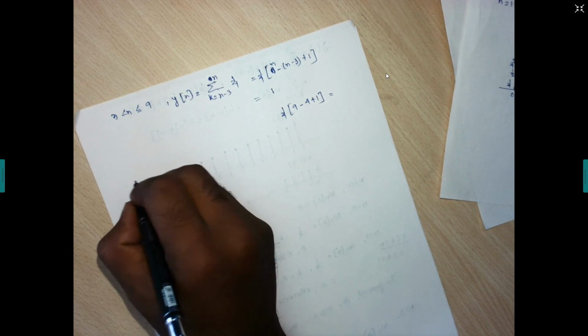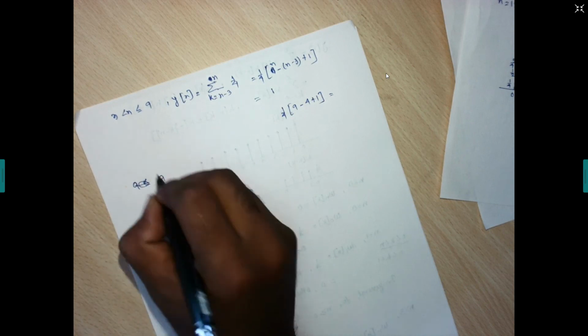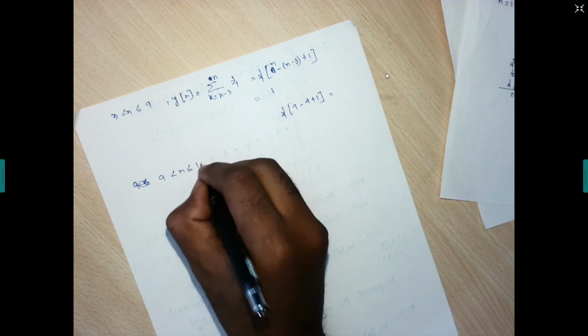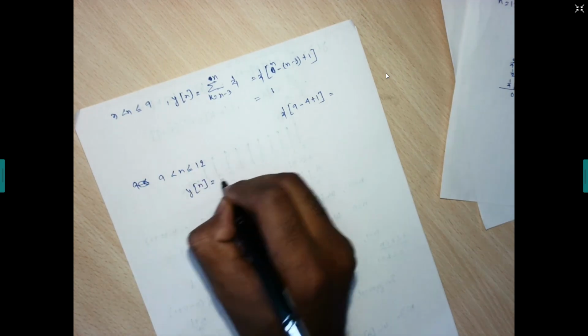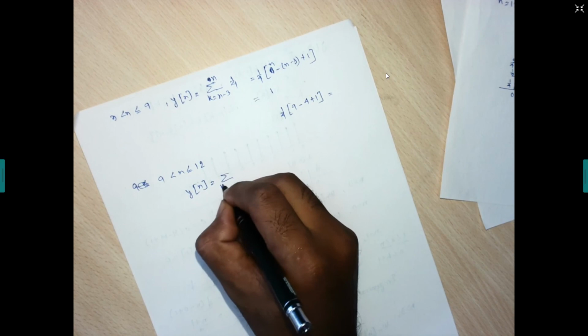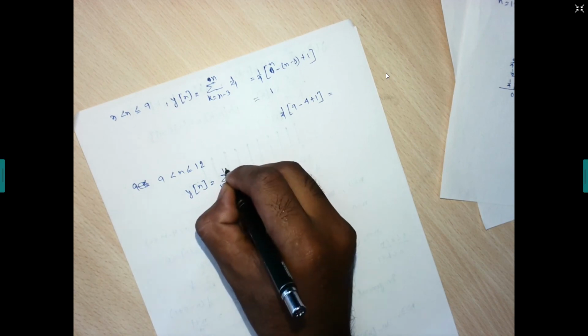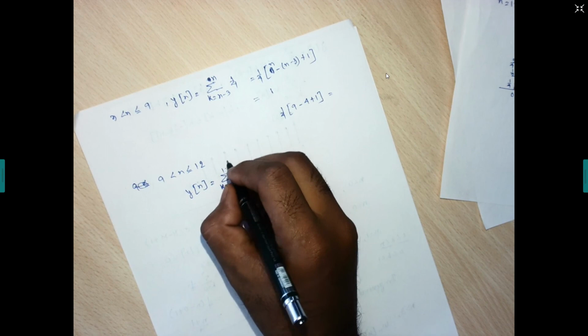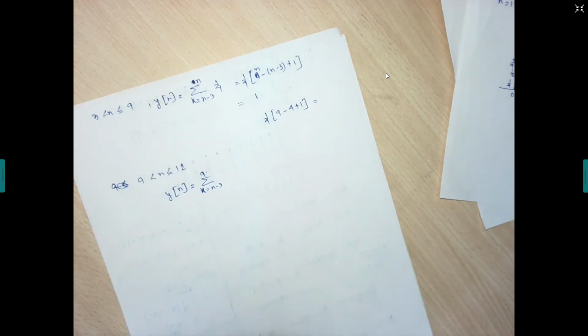So if you have been starting from 9, already included, going up, so y of n is the summation k is equals to n minus 3 going up to 9, because the last sample is up to 9.